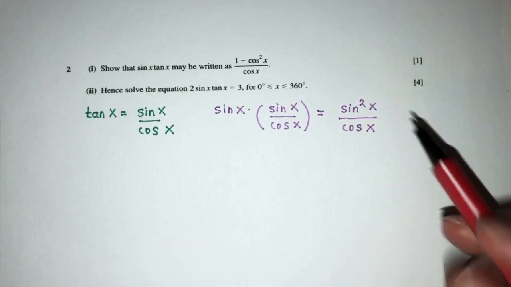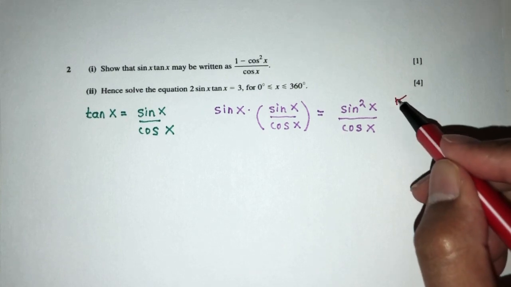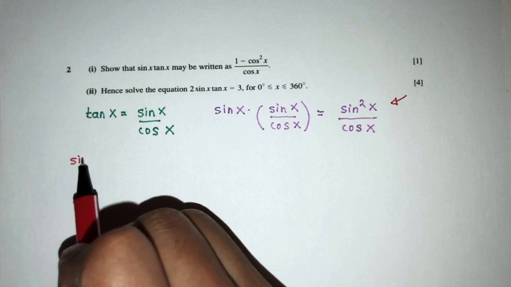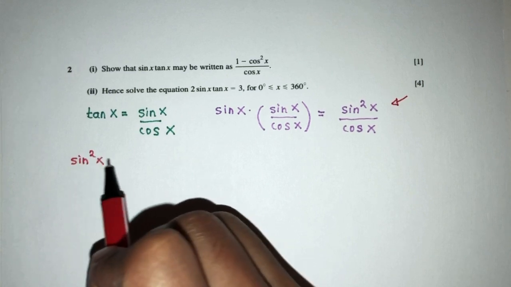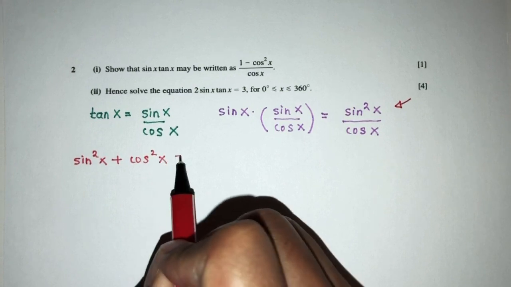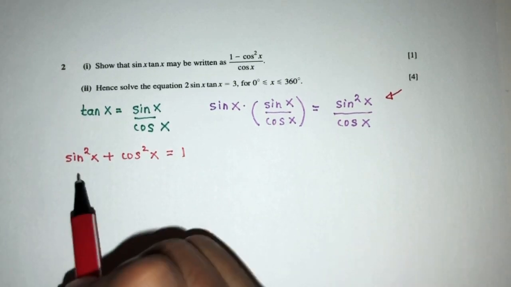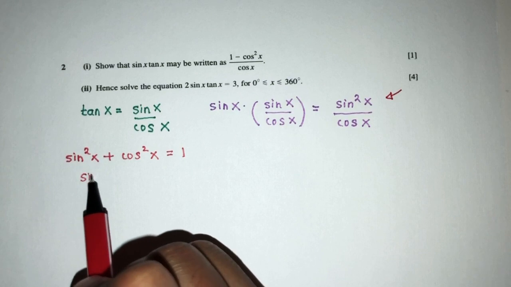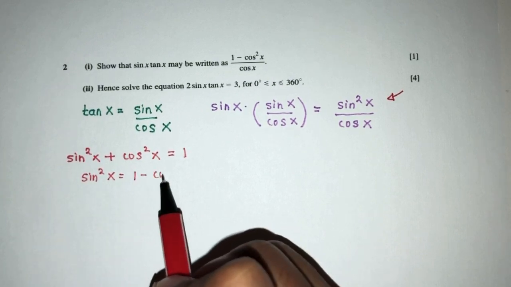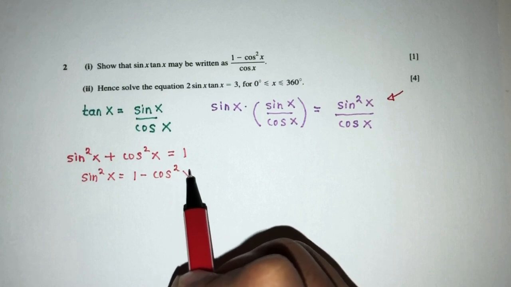Now something we know here is from the formulas that we are given, we know that sin squared x plus cos squared x is equal to 1. So what if you make this the subject? So sin squared x is equal to 1 minus cos squared x.